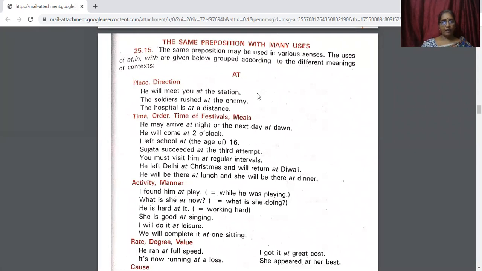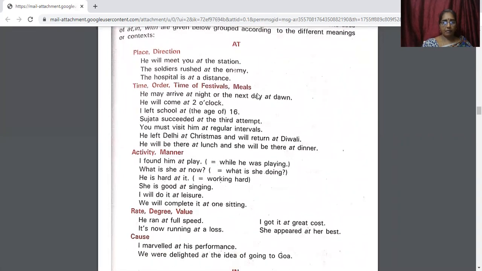You must visit him at regular intervals. He left Delhi at Christmas and will return at Diwali, time of festivals, you see. He will be there at lunch and she will be there at dinner. So, how it is used for time of festivals and meals.